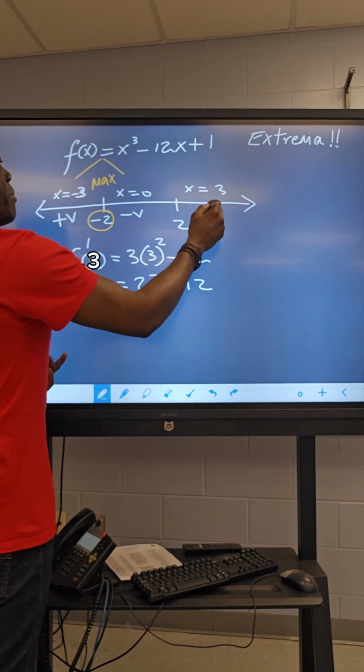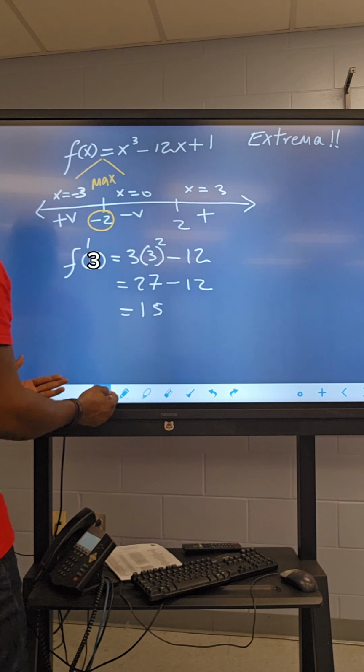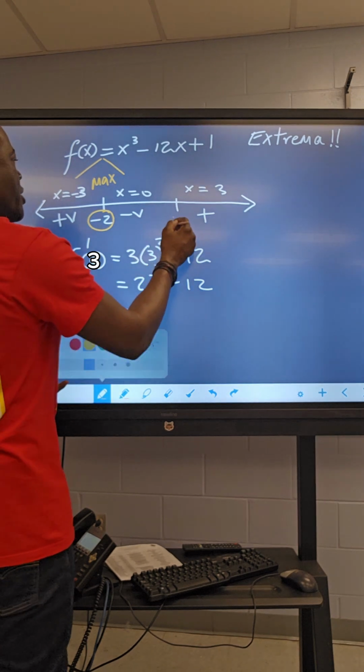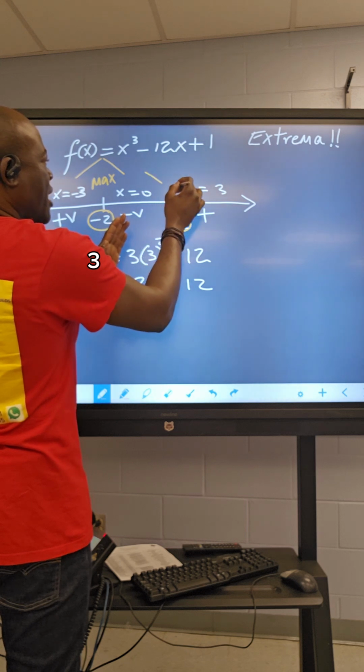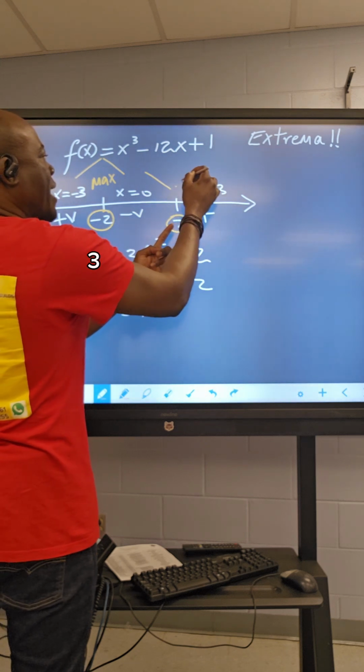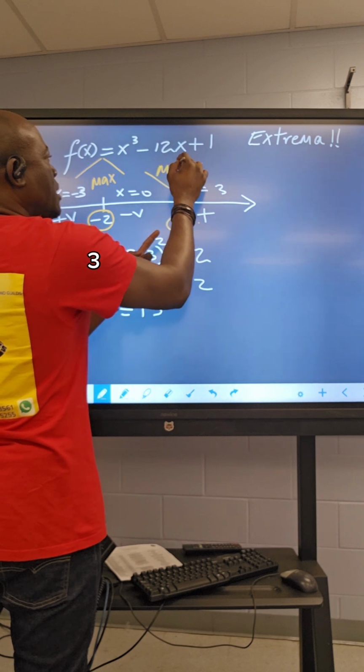So this is positive here again. If you take a look at what goes on at positive 2 here, there was a negative to its left, that means we had this, and then a positive to its right, that means we had that. So you could see that this at positive 2 was a minimum.